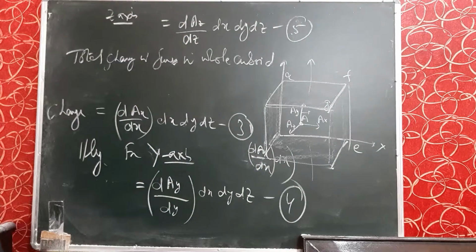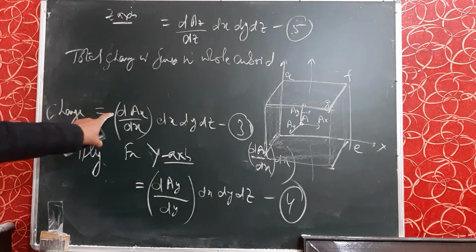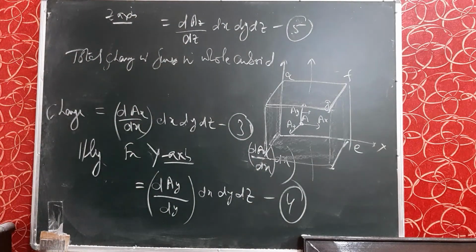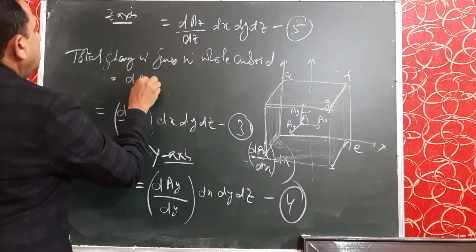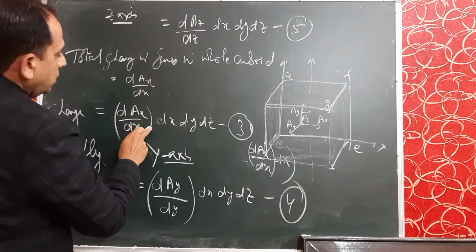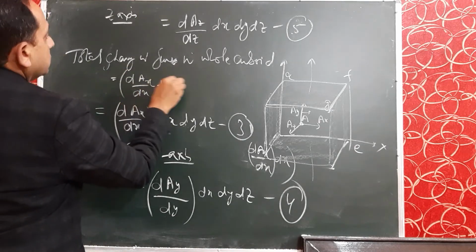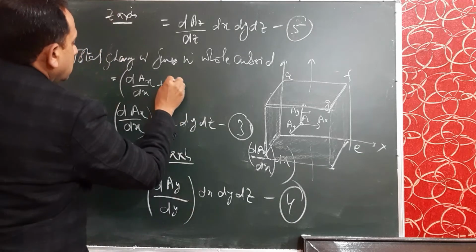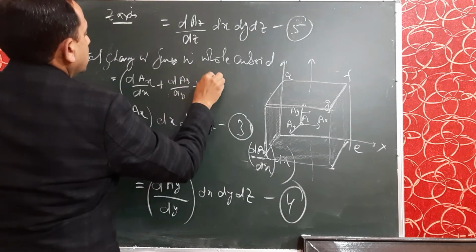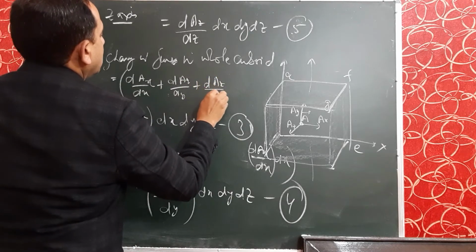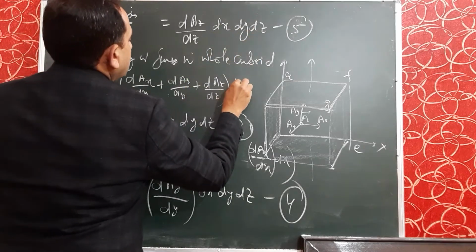In all cases we will add equations 3, 4 and 5, that is the net change in flux, which will be equal to dAx upon dx, first one, plus when we add the second term, it will become dAy upon dy, and the third term dAz upon dz, into dx dy dz which is common.